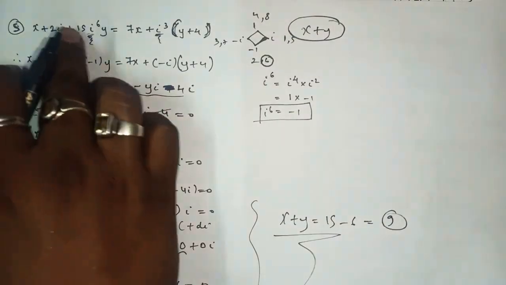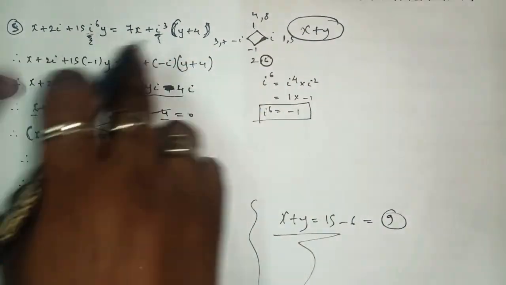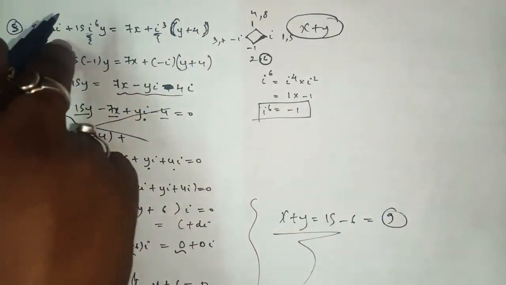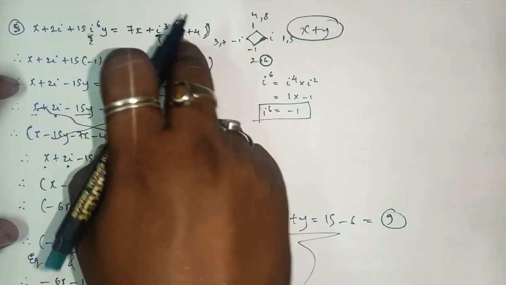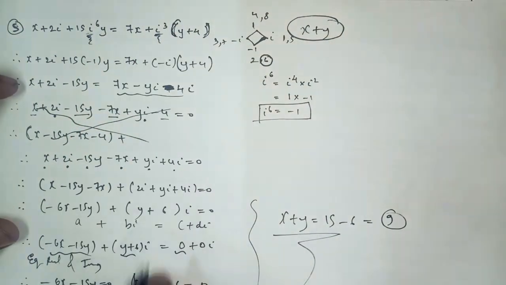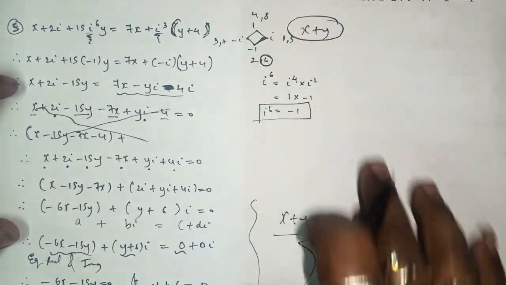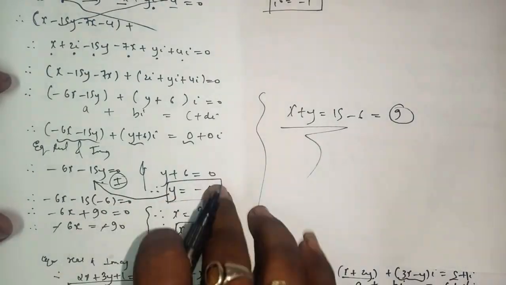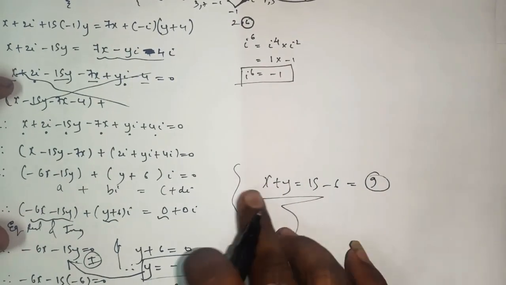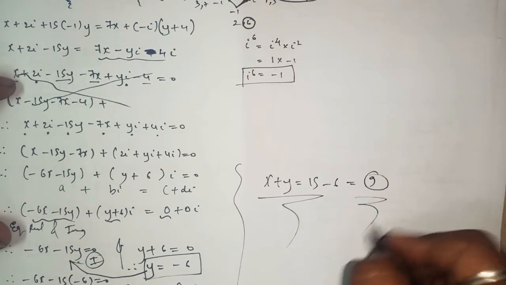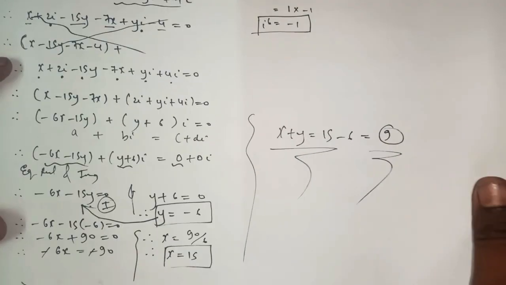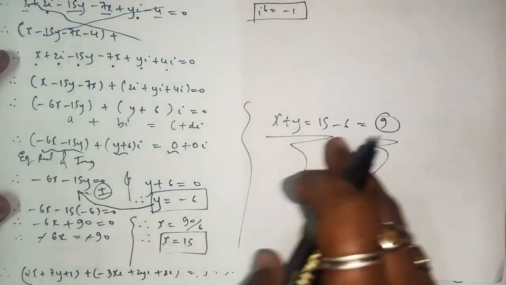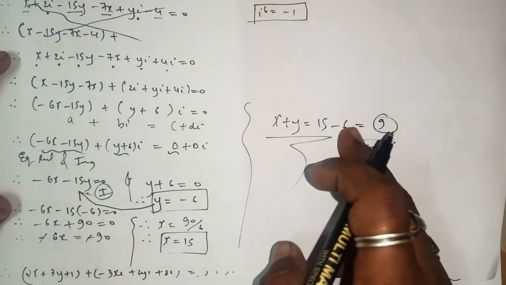Okay, so after finding x and y, when you see the question in the textbook, it is mentioned that after finding x and y, also find x plus y. So after finding x and y separately, simply you will add x plus y to get the required answer. So the required answer is what? 9, because the value of x here we got 15 and the value of y is minus 6.